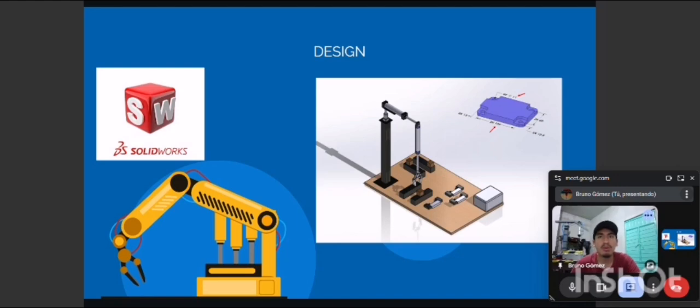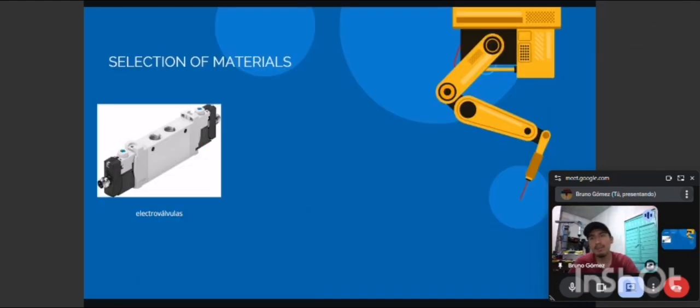We obtained quotes from several stores for the materials we were going to purchase, such as valves, pistons, wires of different gauges, a mechanical claw, servo motor, wood, metal tubes, tape, plastic tubes, buttons, and light bulbs.